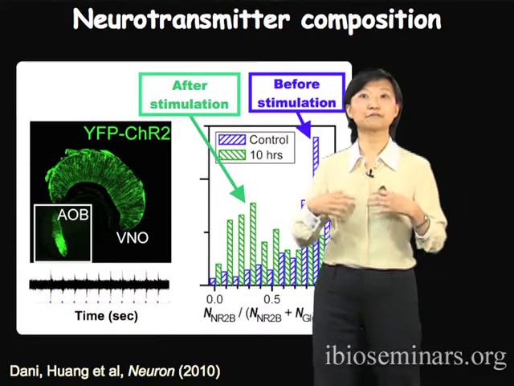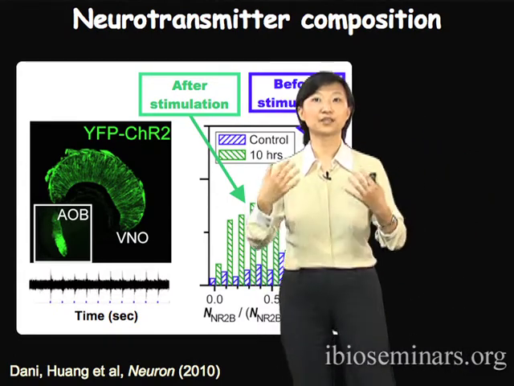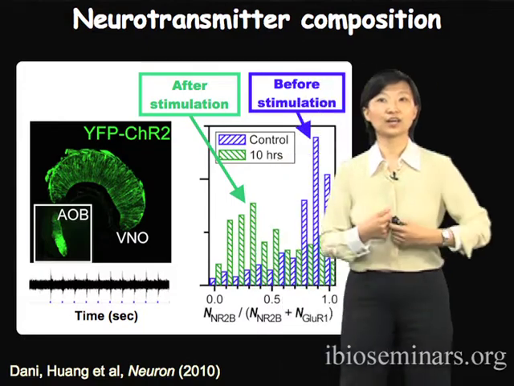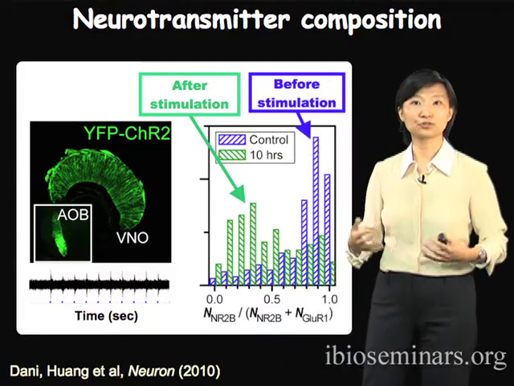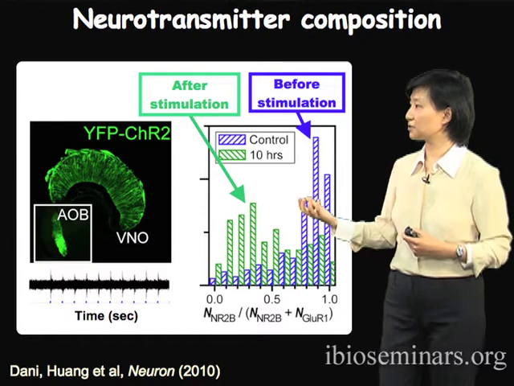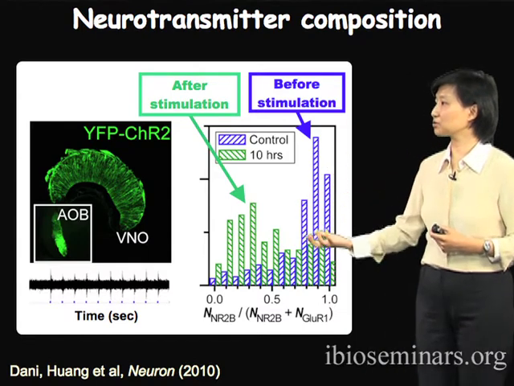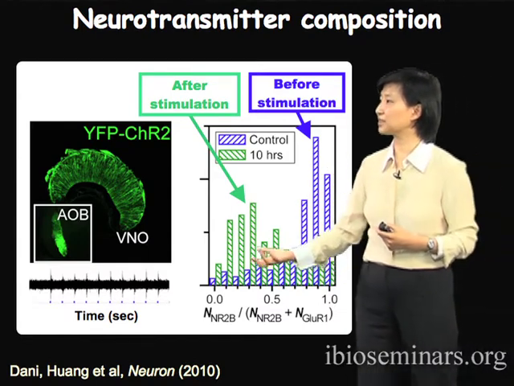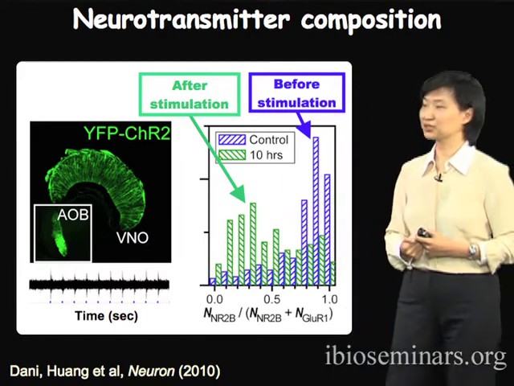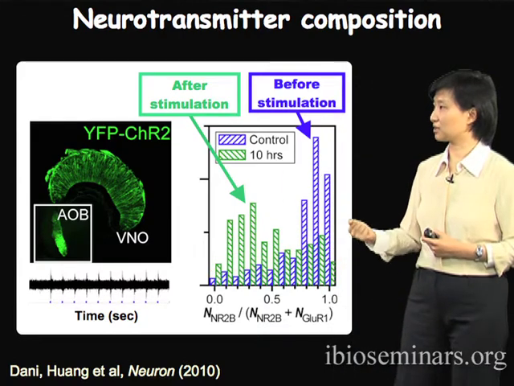And we want to see after stimulation whether these synapses could mature into more mature synapses. And here what you see is the blue distribution is before the light stimulation, and the green distribution is after stimulation.